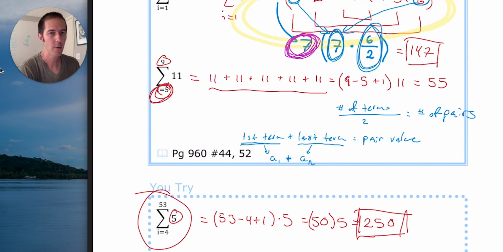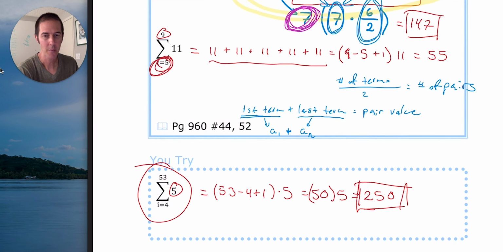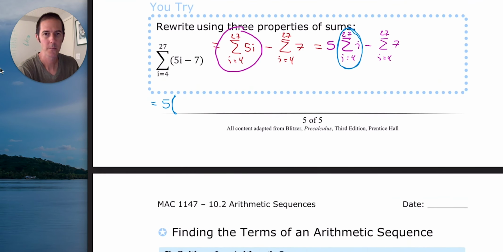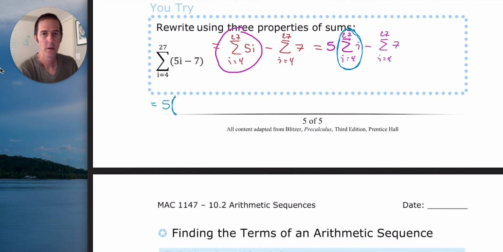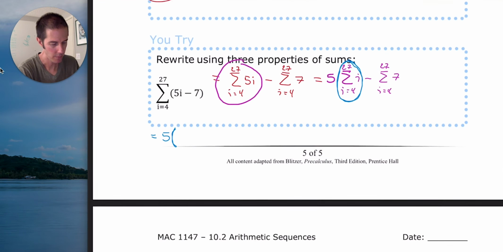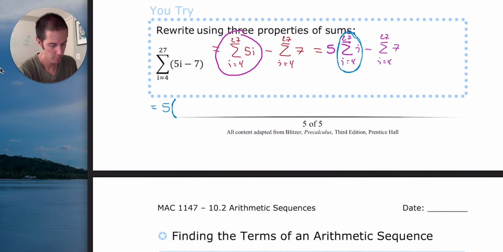Let's take those ideas and apply them to that problem that we were talking about down here. In this summation, let's come back into here. The first term in that sequence is a 4.